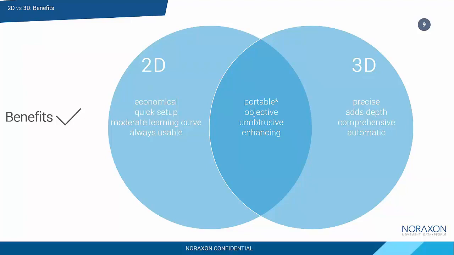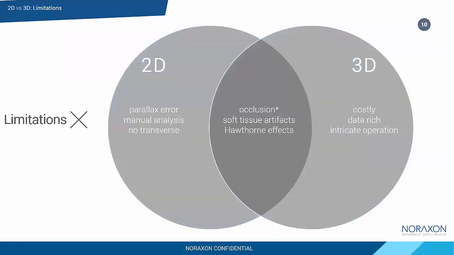Now let's move on to the limitations. So again, we'll start with the 2D system. Primarily, the biggest issue when capturing or performing analysis with a two-dimensional video system is a phenomenon known as parallax error.